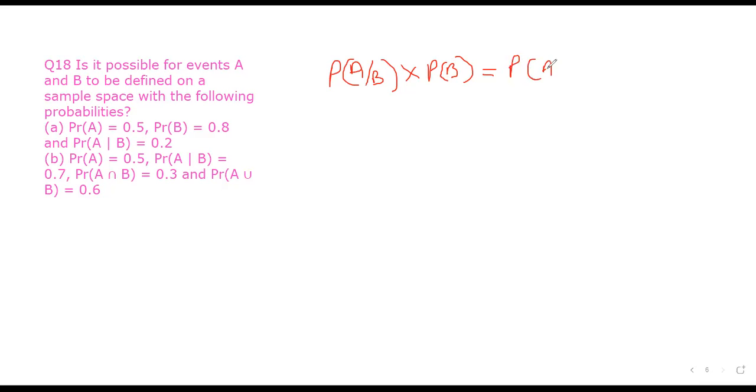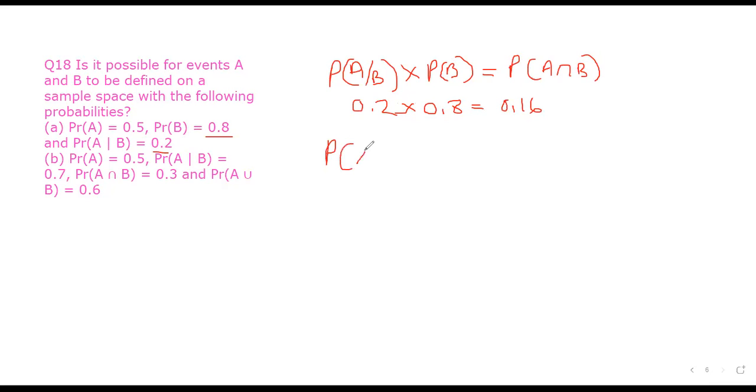A intersection B. So A given B is 0.2 and the probability of B is 0.8. When you multiply 0.2 times 0.8, we get 0.16.